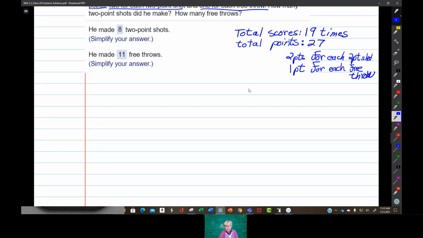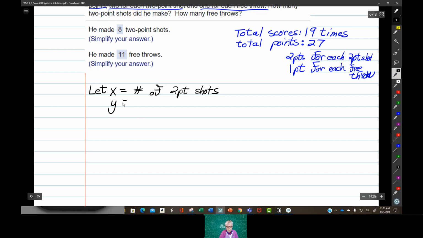Okay, if I'm going to go to the trouble of writing it out, let x equal the number of 2-point shots, and y equal the number of 1-point shots or free throws.